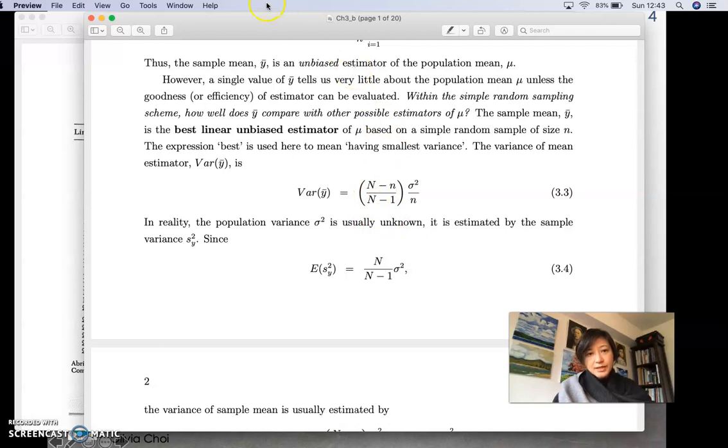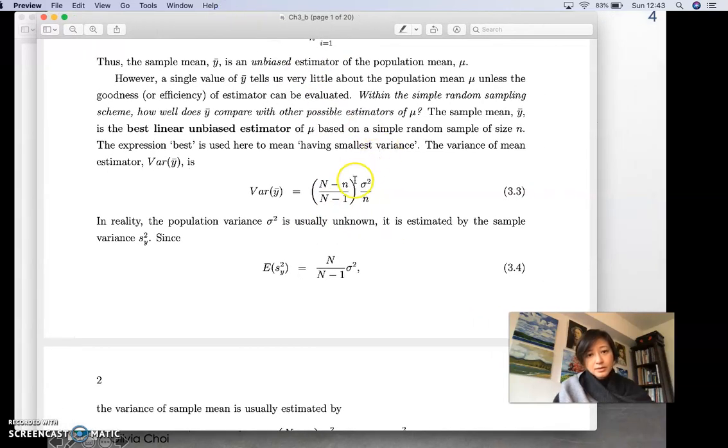But most of the time, the population sigma squared is not obtainable. We don't have the true value of the population variance. Then we can try to use our sample variance to estimate. And we know that the expected value of our sample variance is equal to n divided by n minus 1 times sigma squared.